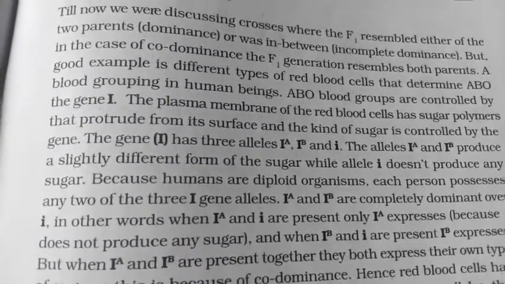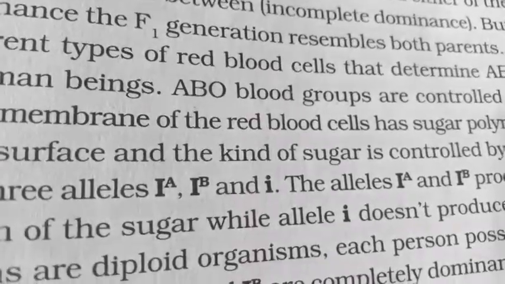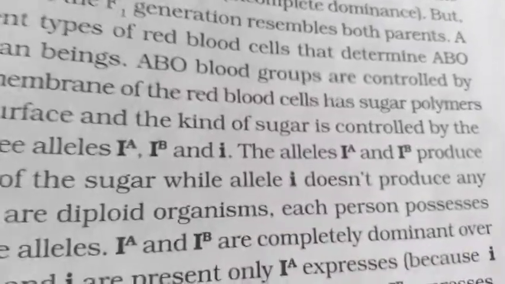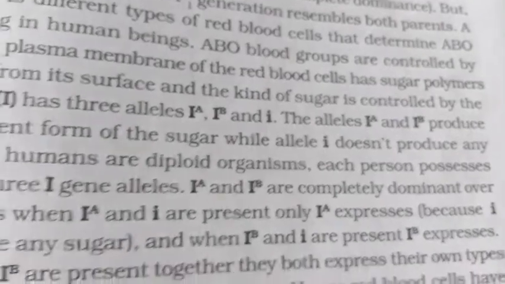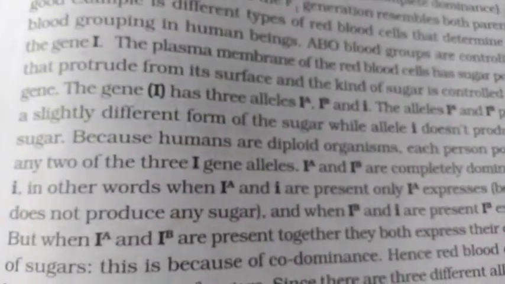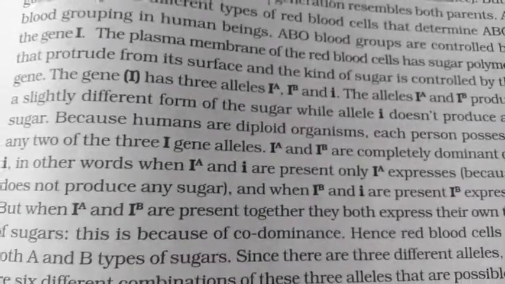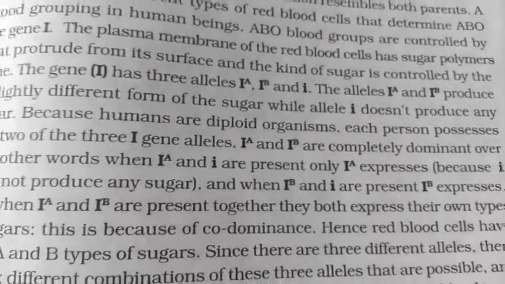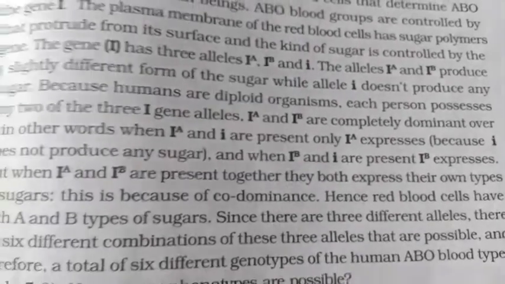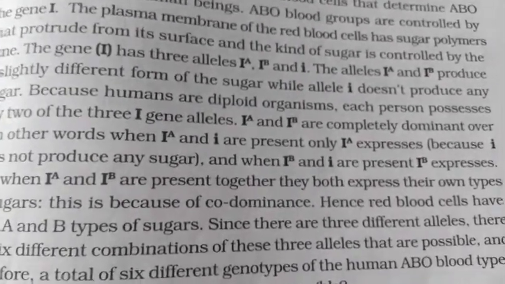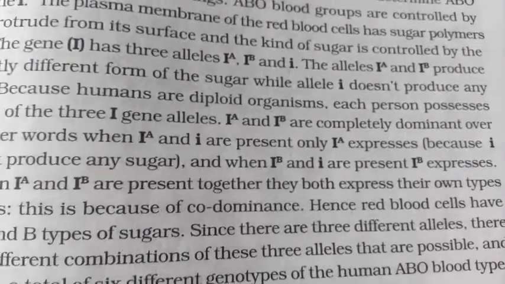The gene I has three allelic forms that are represented by IA, IB, and small i. The alleles IA and IB produce a slightly different form of the sugar, while the allele i does not produce any sugar. Because humans are diploid organisms, each person possesses any two of the three I gene alleles.